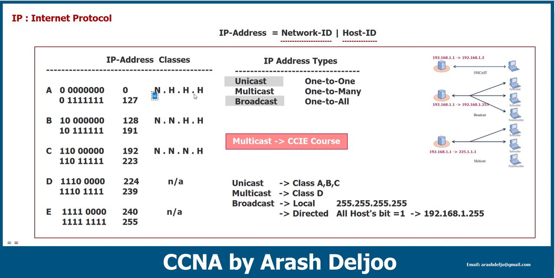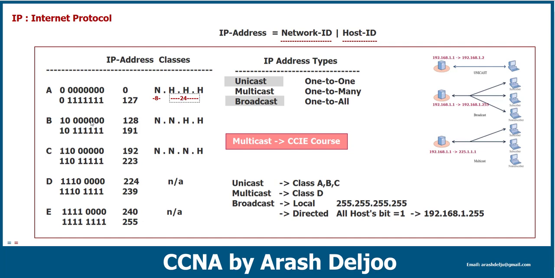Okay, look here. This is only 8 bits. This means that in class A addresses we have 8 bits of network and also 24 bits of host. You know that one IP address has a 32-bit length.